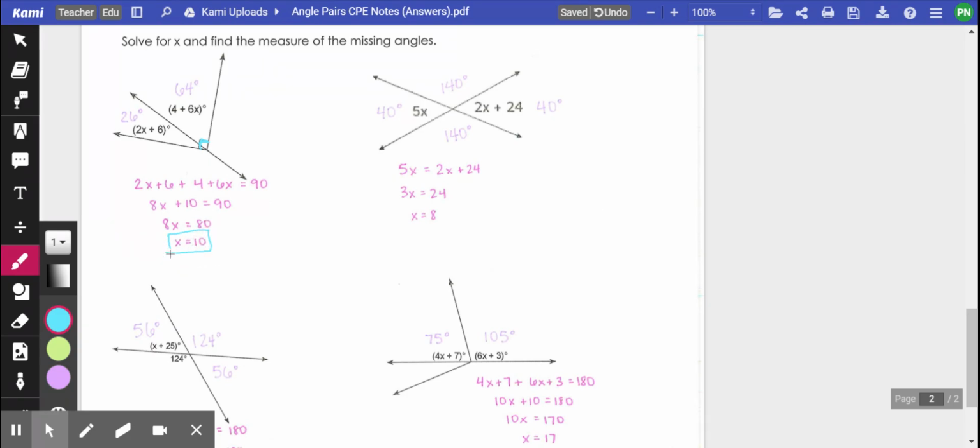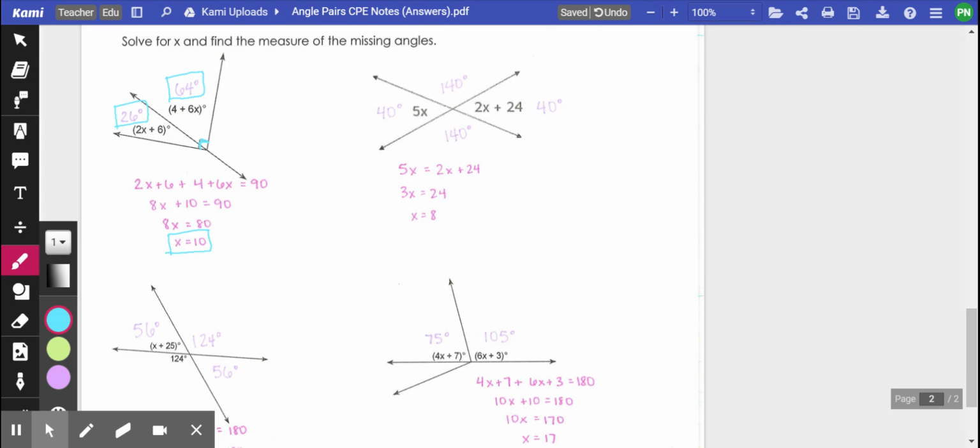But then the directions said they wanted you to find the missing angles. So you need to substitute back in for x, and you would get 26 degrees and 64 degrees. And of course, you can always add them together. 64 plus 26 does add up to 90. That's how you can check your work.